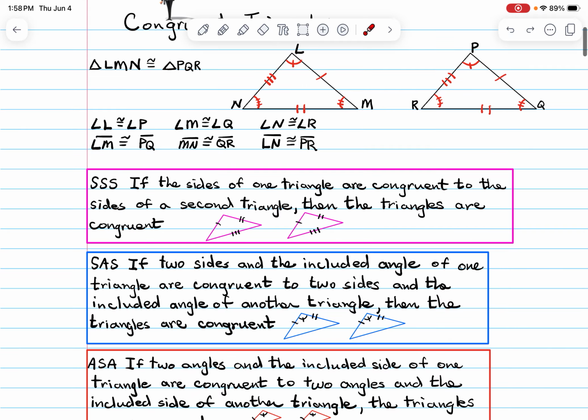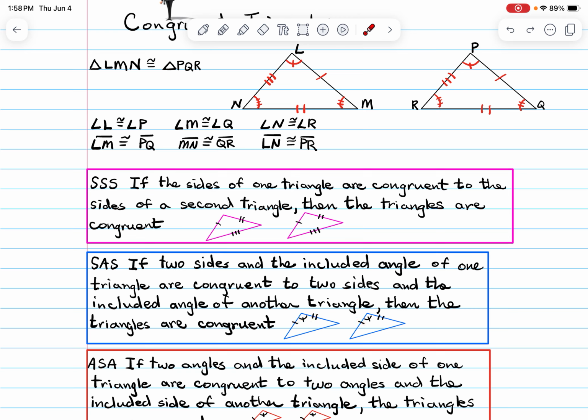Now, another one, side, angle, side. Now, the order here is important. You've got a side, then an angle, and then another side, like this. See, here's a side, here's the included angle, and another side. See, it's not side, side, then an angle down here. It's side, angle, side.